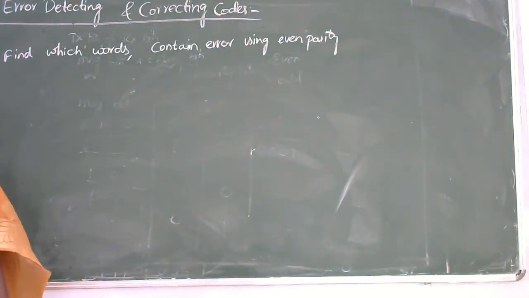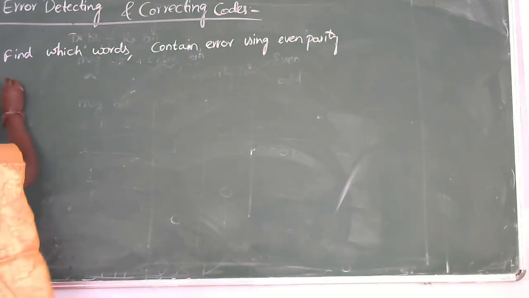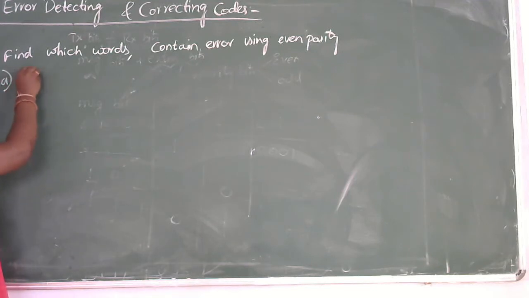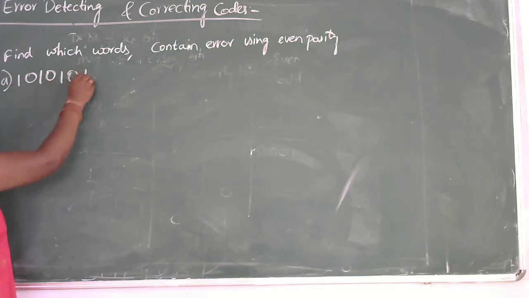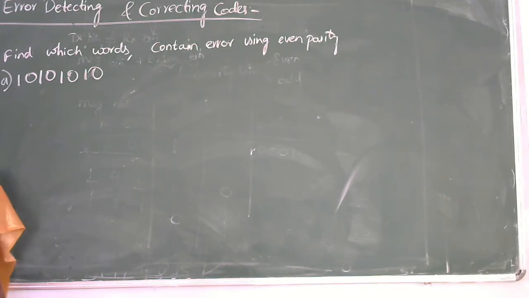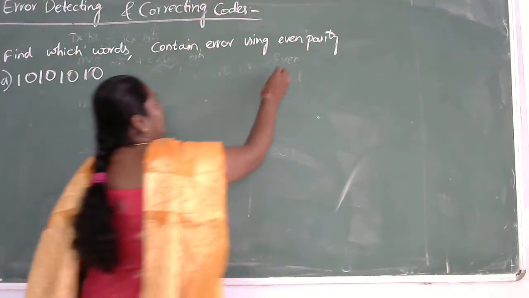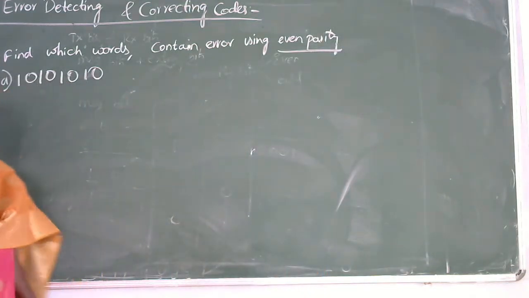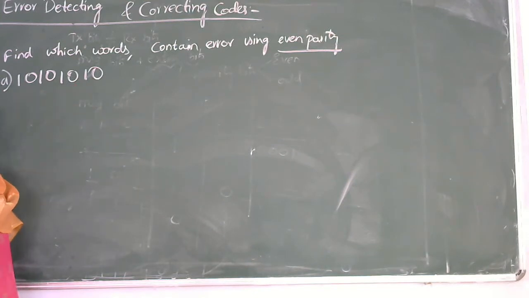Here I am assuming that the first given number is 1 0 1 0 1 0 1 0. This is a code word given in the question. What we need to do is find out whether an error is present or not, assuming even parity. Even itself indicates the total number of ones in the given code word should be an even number.